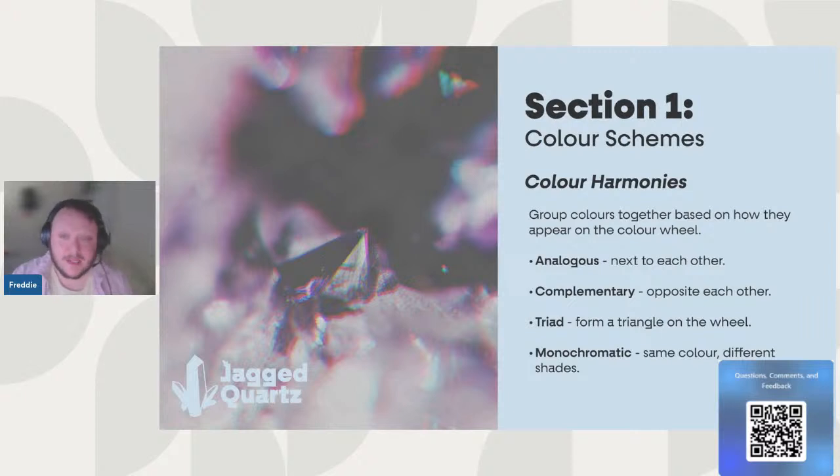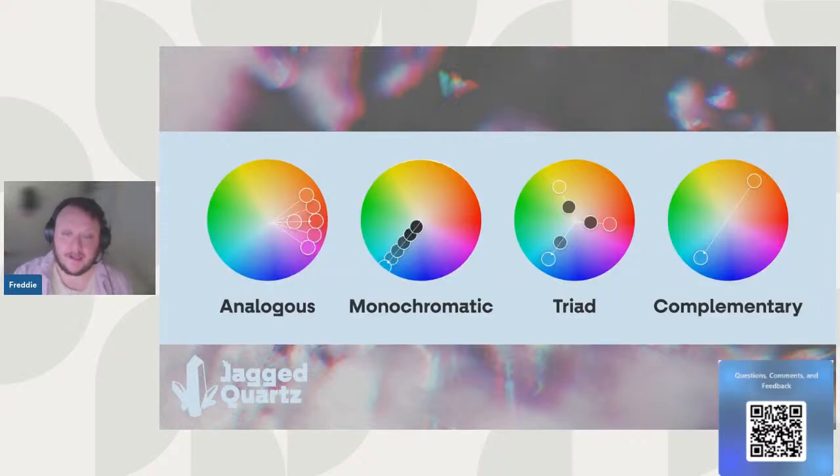An analogous, where they are next to each other on the color wheel; complementary, where they are opposite each other on the color wheel; and triad, where they form a triangle; and monochromatic, which is a scheme of the same color but different shades. This slide is to illustrate what that actually means, if it was hard to picture in your head. So analogous on the first, there you have the orange, red, pink, all close together. Monochromatic is just different shades of blue, triad, etc.